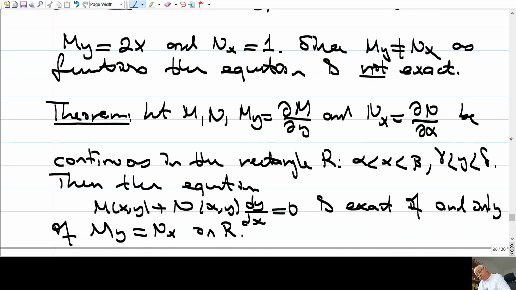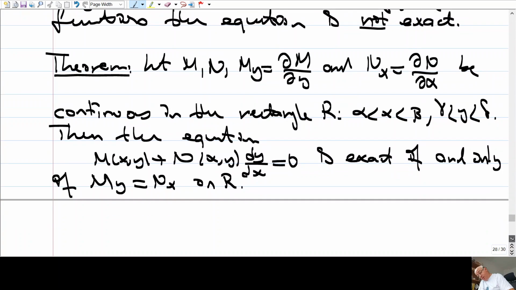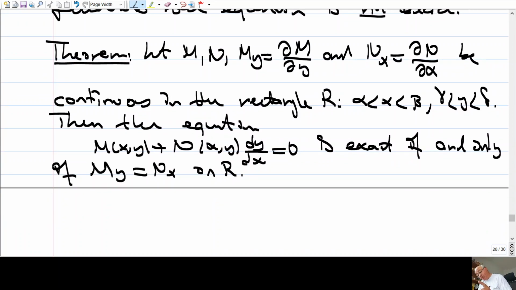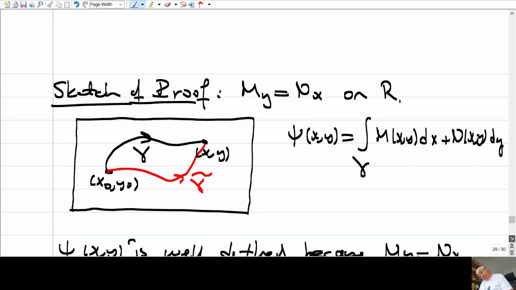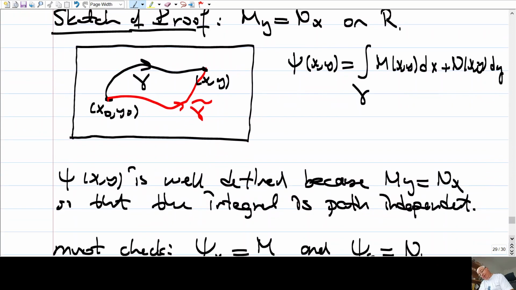Then the important thing is, of course, that these two partial derivatives are the same, and this gives me the fact that this integral is path independent. Okay.